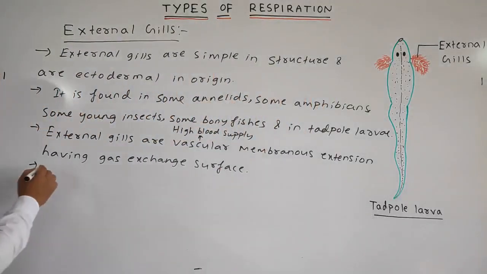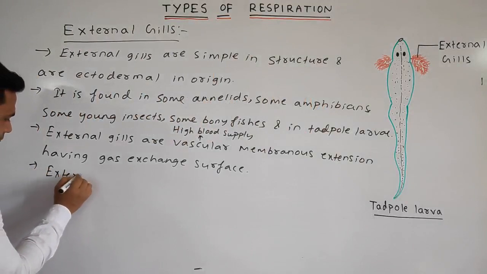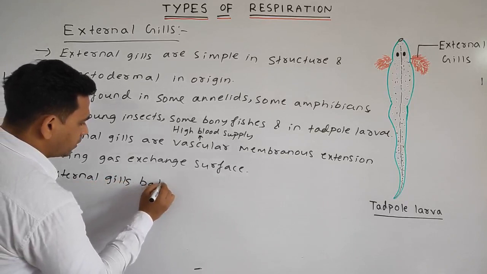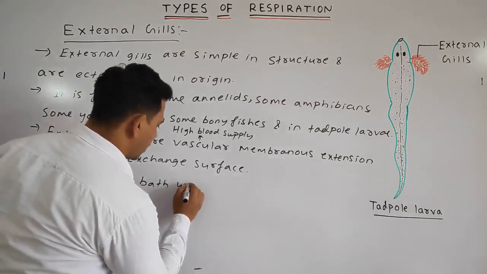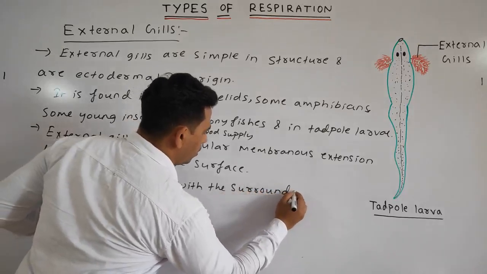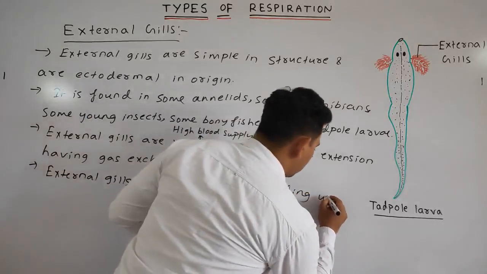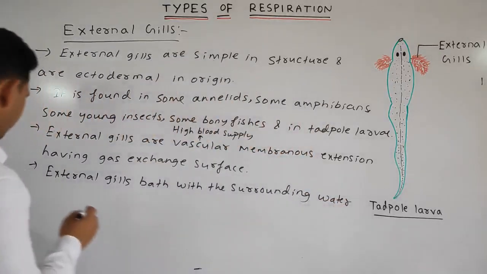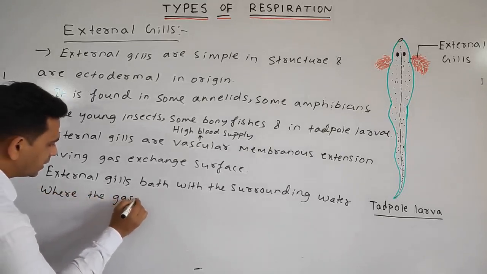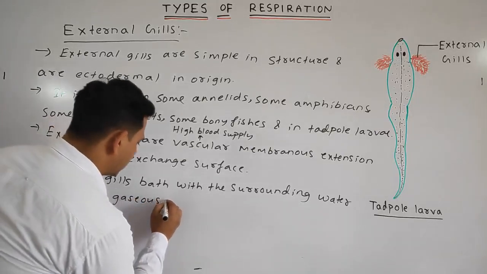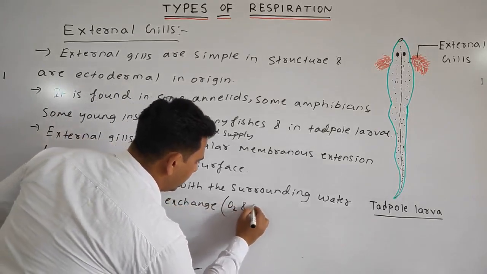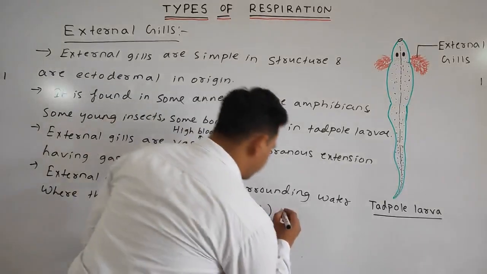We can write our next point: the external gills bathe with the surrounding water, where the gaseous exchange, means simply oxygen and carbon dioxide, takes place.